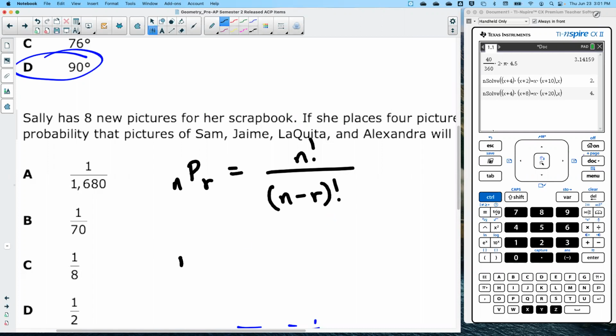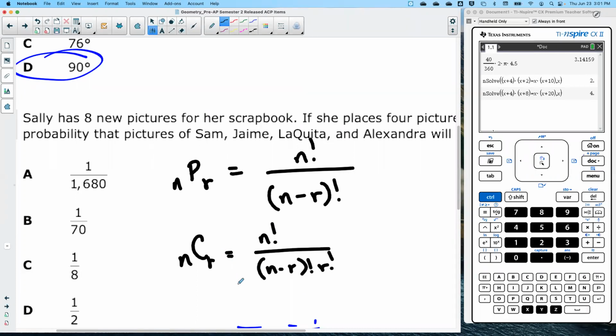And then parentheses and negative. Like that? Okay, I think it's actually gonna be this NCR.